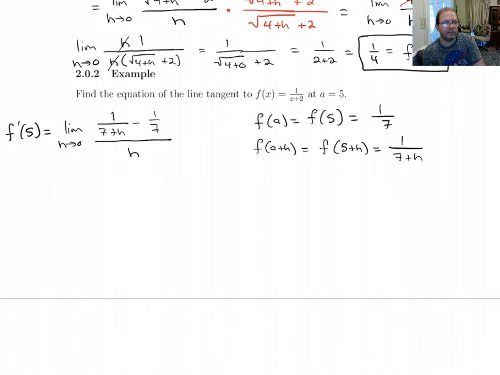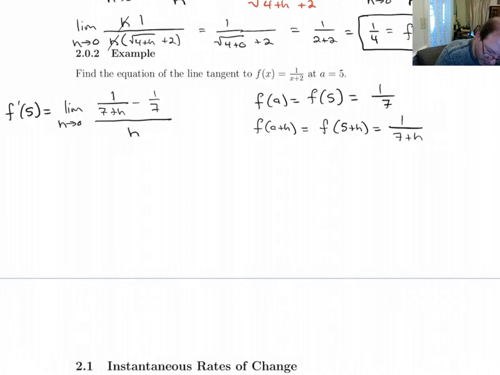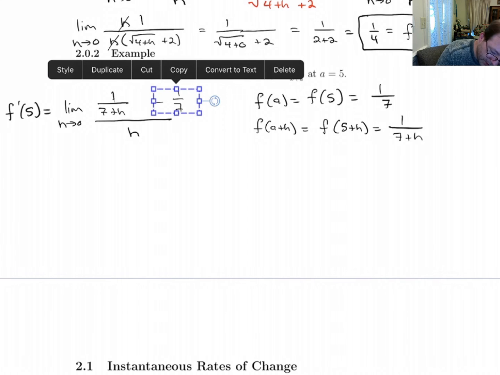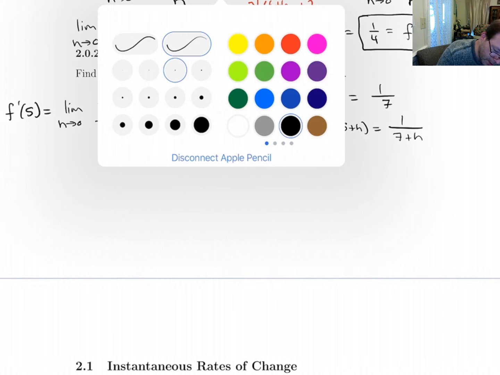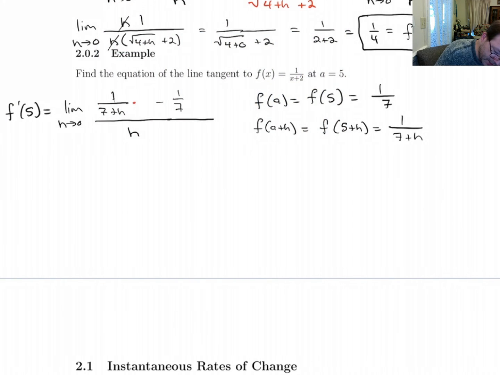So let's make this nicer. What I'm going to do is slide this down a little bit so that I can do it all up here. I'm going to multiply this by 7 over 7, and this by 7 plus h over 7 plus h.